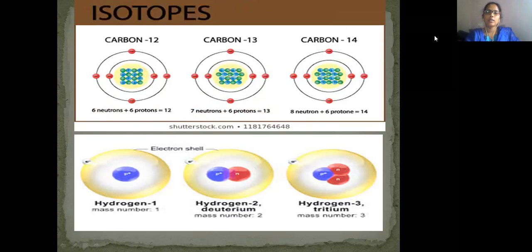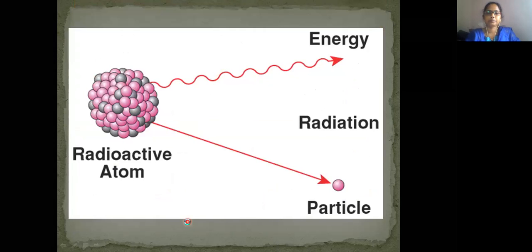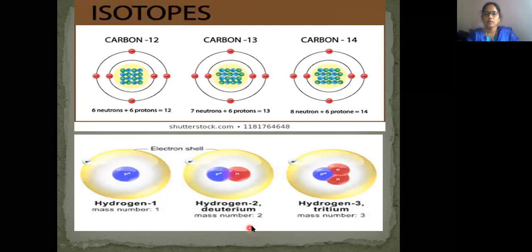In carbon 14, we have 8 neutrons and 6 protons. In the same way, for hydrogen, the mass is 1 and it contains 1 proton. In the case of deuterium, the mass number is 2, and it contains 1 proton and 1 neutron.